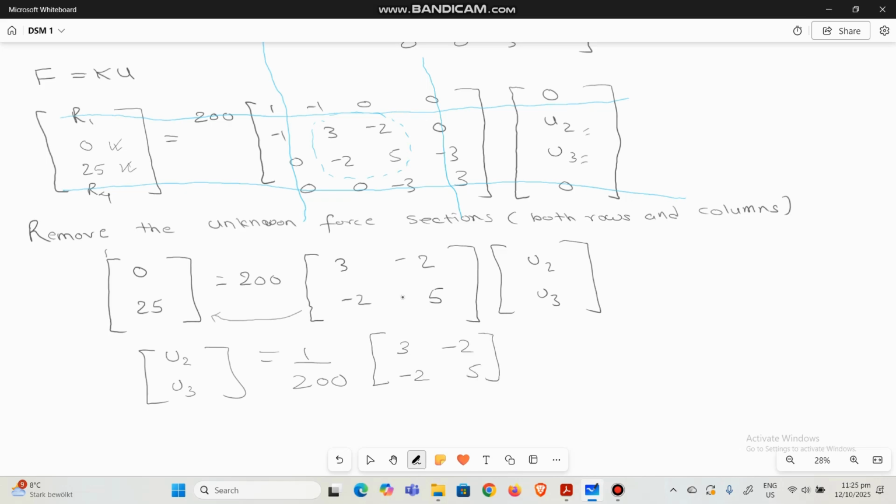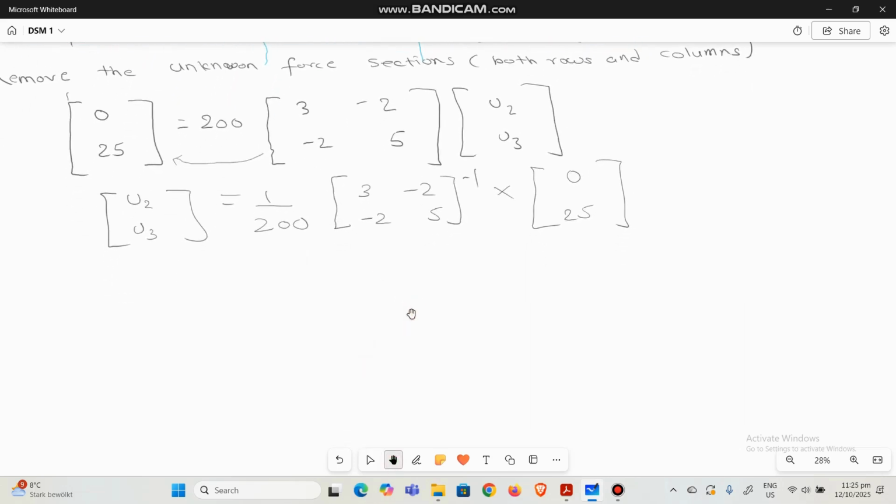You have to invert this matrix and then multiply with 0 and 25. This is very easy to solve with a calculator. After solving, use the calculator, of course.